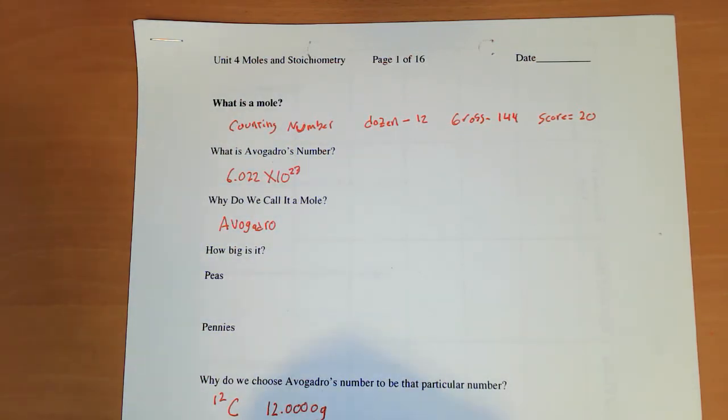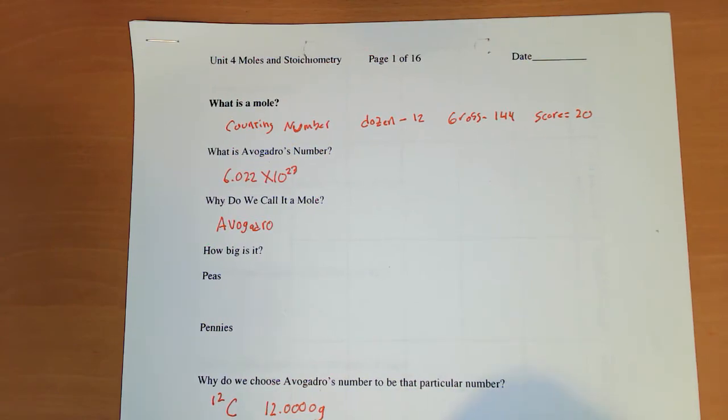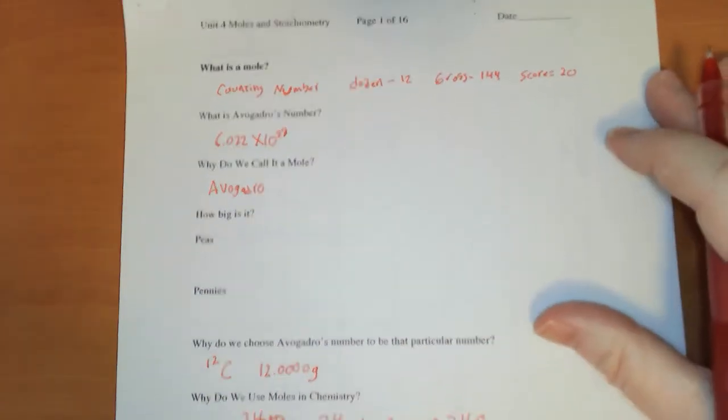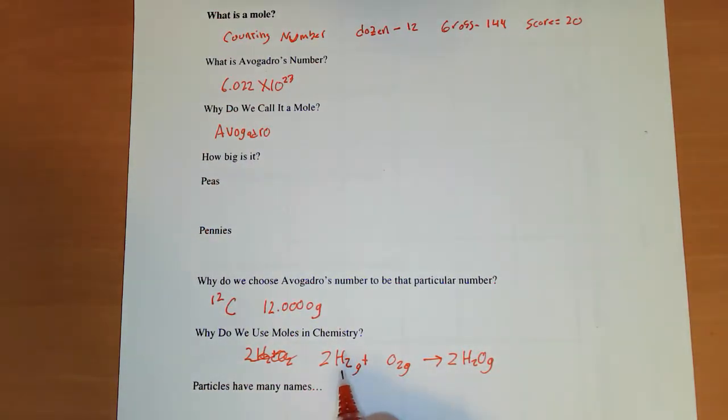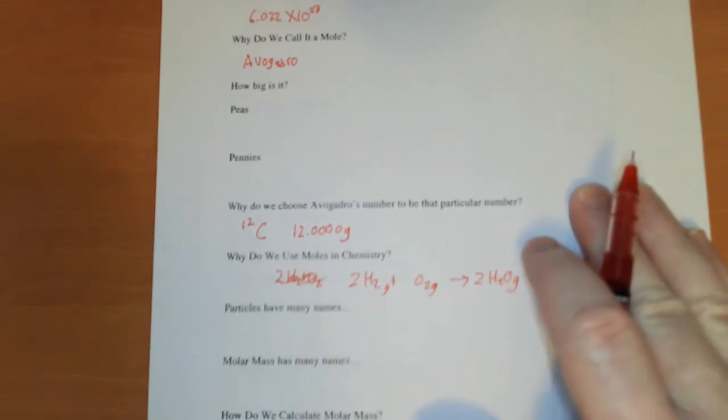But our balanced equations from the last chapter, let's rewrite that. 2H2 plus O2, both of those as gases, to give me 2H2O gas. This actually represents a mole ratio. We talked about it being 2 molecules of hydrogen to 1 molecule of oxygen. Well, it's also 2 moles of hydrogen to 1 mole of oxygen.